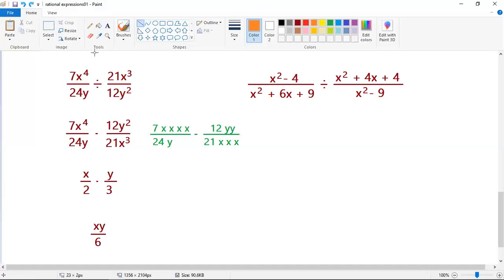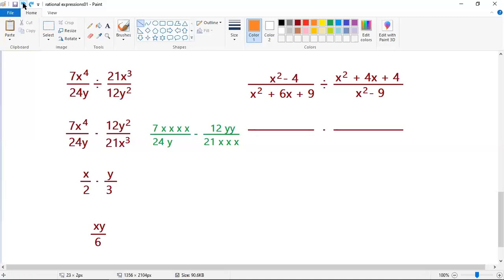Let's have the next example. x squared minus 4 over x squared plus 6x plus 9 divided by x squared plus 4x plus 4 over x squared minus 9. So what do we do? We change the division to multiplication and switch the position of the numerator and the denominator.